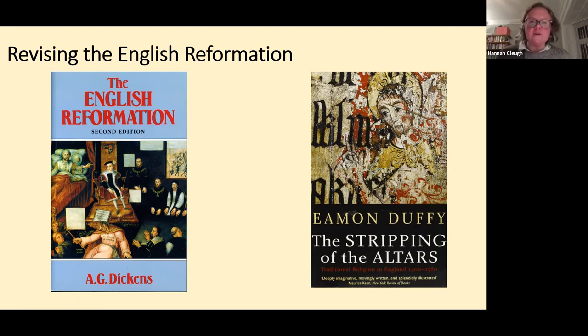And in that story, there's a sharp distinction drawn between elite and popular religion, and most popular religious practice was described as superstitious, in scare quotes.